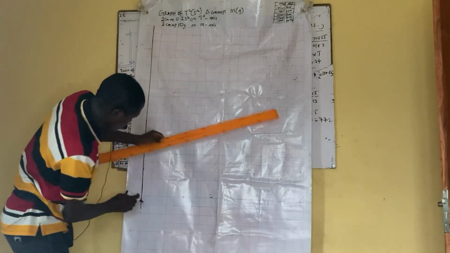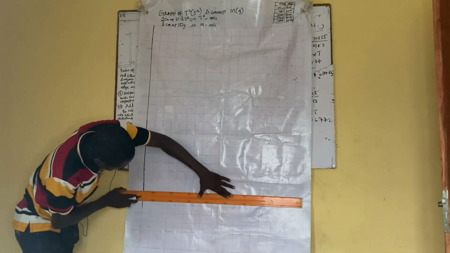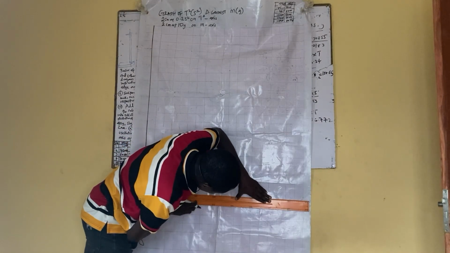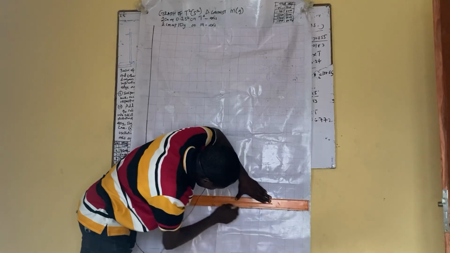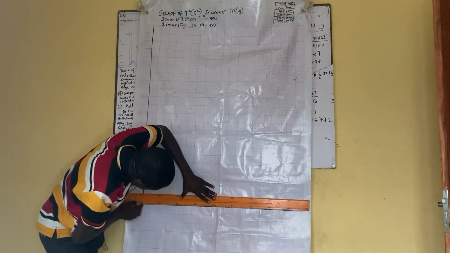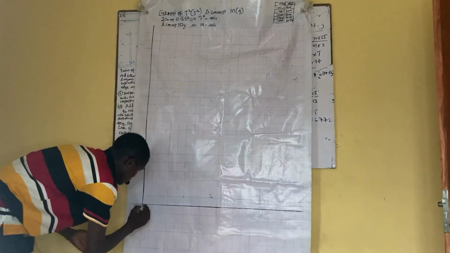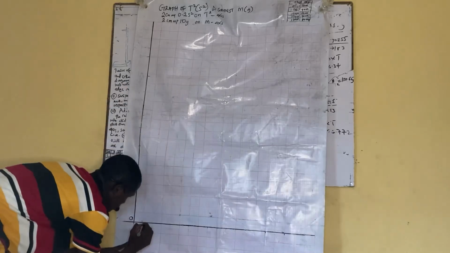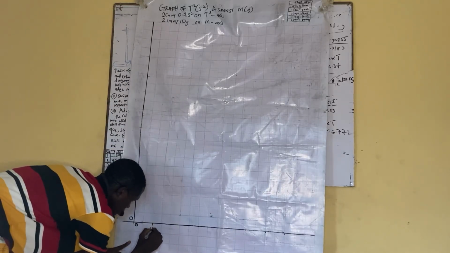So now the horizontal line. So we have 0,0. We know that this place will be 2 centimeters, or 10 gram.